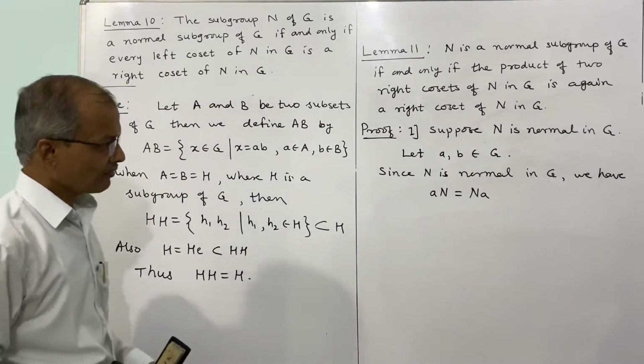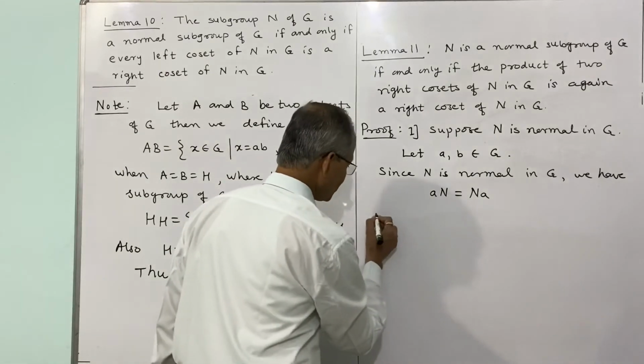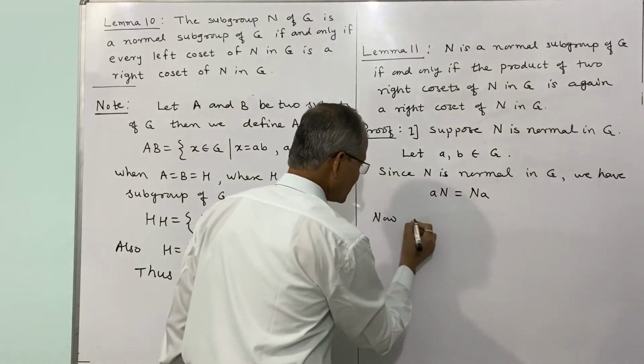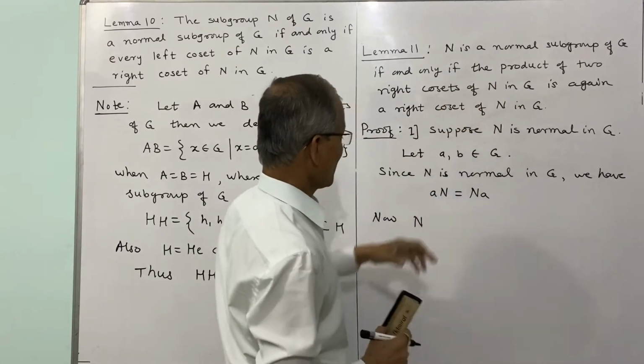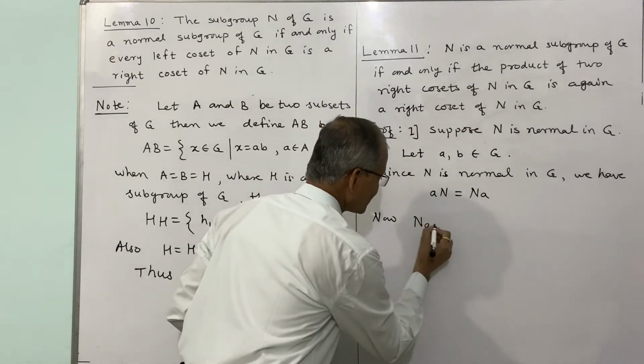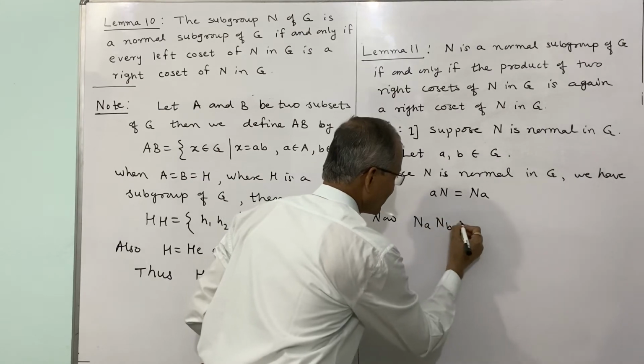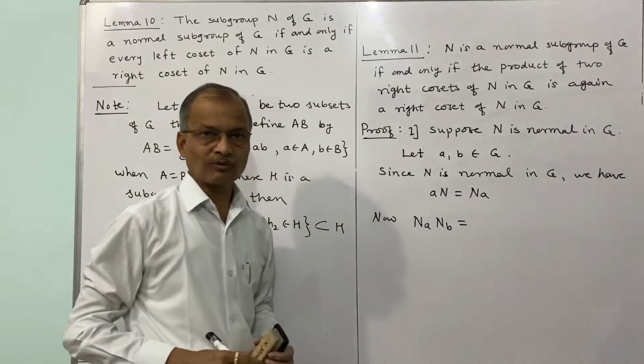And now we will consider the product of two right cosets, and the two right cosets we will consider as NA and NB. This is the product of two right cosets.